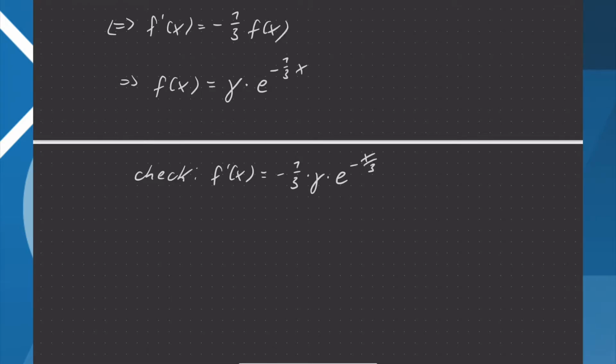So if you substitute that in our differential equation, remember that was f of x plus 3f prime of x. That is then gamma times e to the minus x over 3 minus gamma times e to the minus x over 3. Then this is obviously 0. And that's precisely what we wanted.